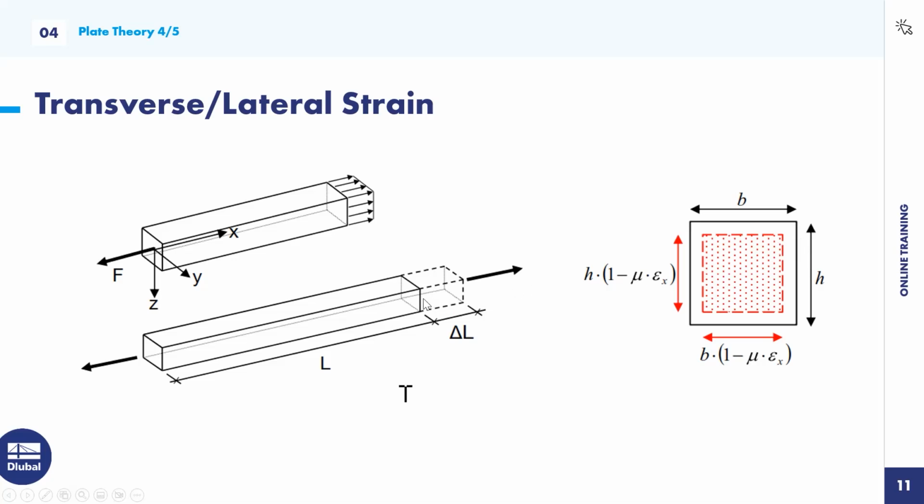So the change in the length will come from somewhere, and with this Poisson's ratio, we define how much it will come from the other directions. So how much the impact of this longitudinal force is for the other direction.